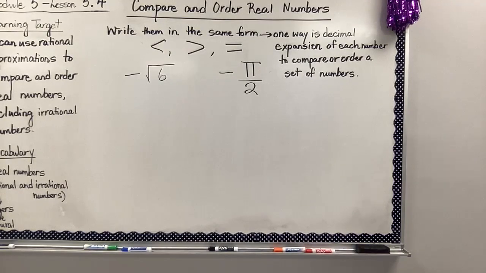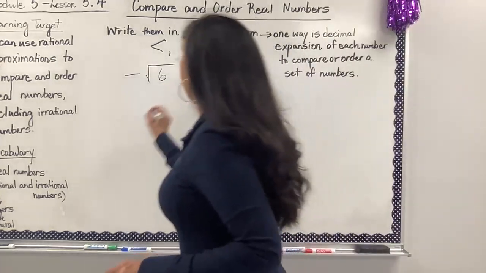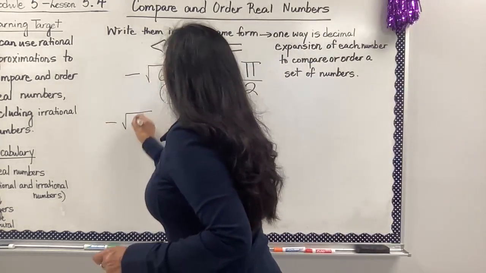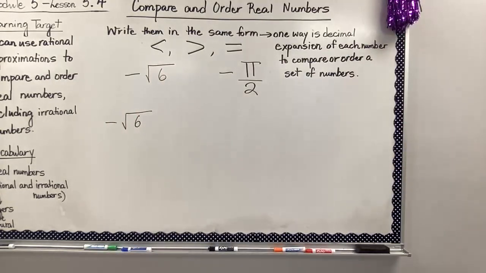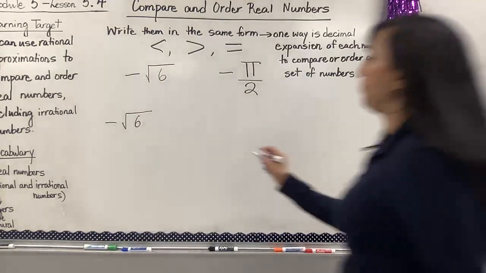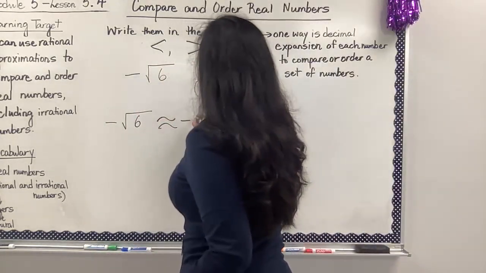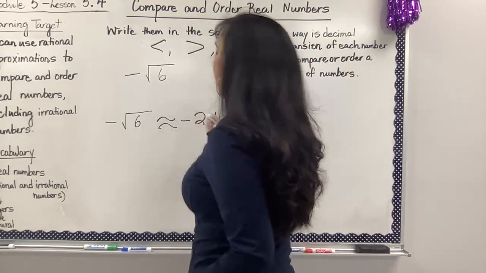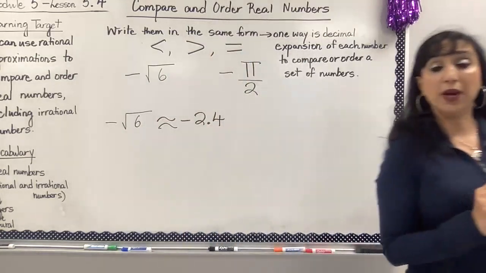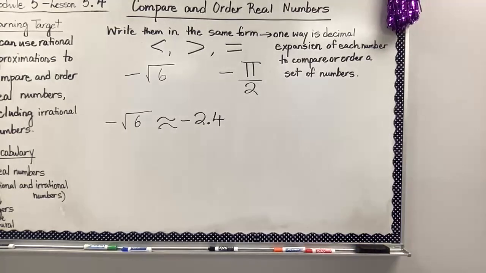We are going to do an approximation once again. Based on yesterday's lesson, I am going to find that negative square root of 6 is approximately negative 2 and 4/10. We are going to round to the tenth place value for this.